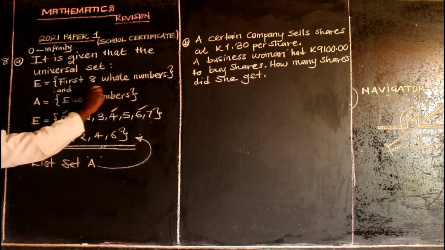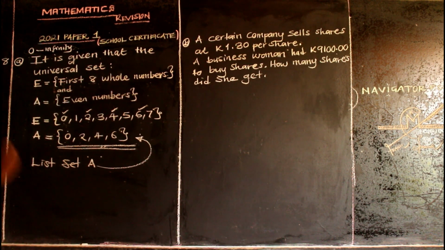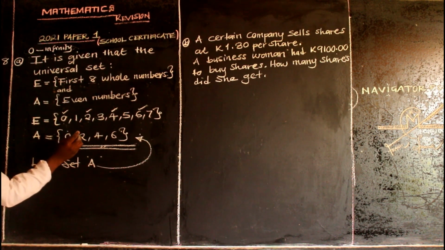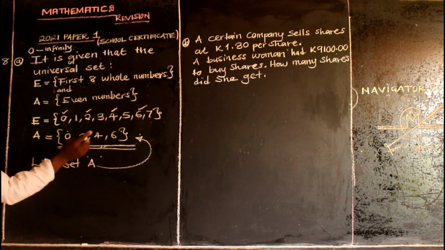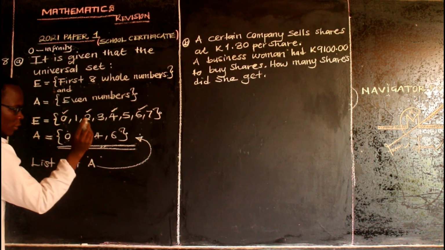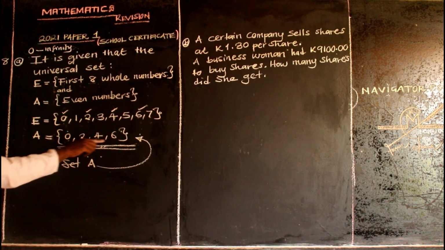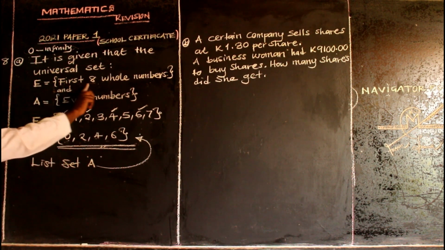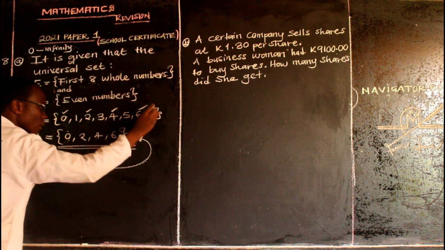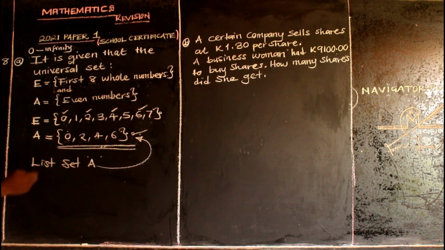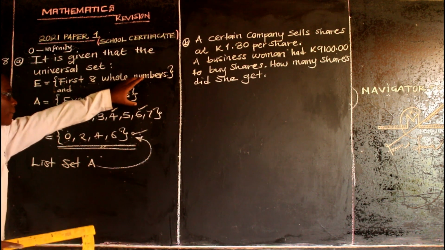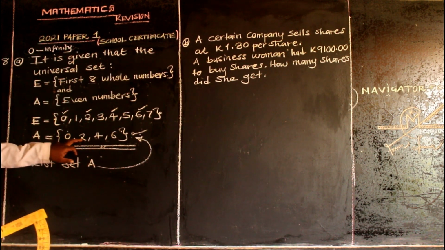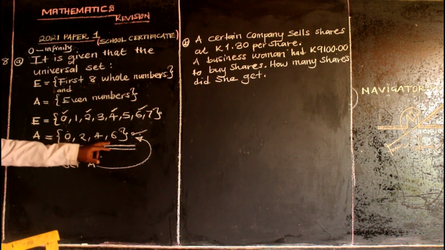So from the first 8 whole numbers, the even numbers are 0, 2, 4, and 6. This is our answer.